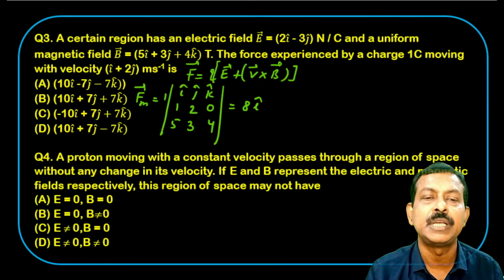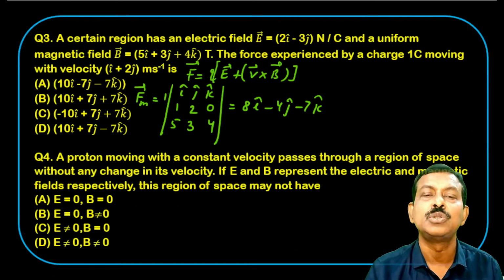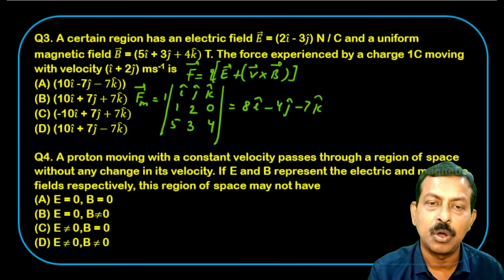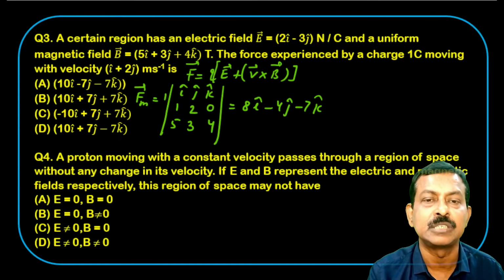Then for j, it is 5 into 0 minus 4, so it is minus 4j. And for k, it is 3 minus 10, so it is minus 7k. So this is the force on the charged particle due to the magnetic field.